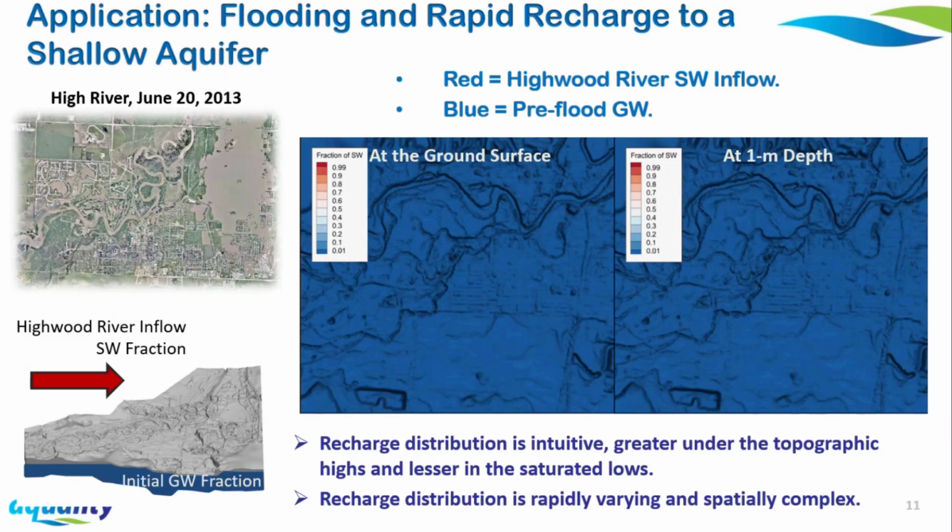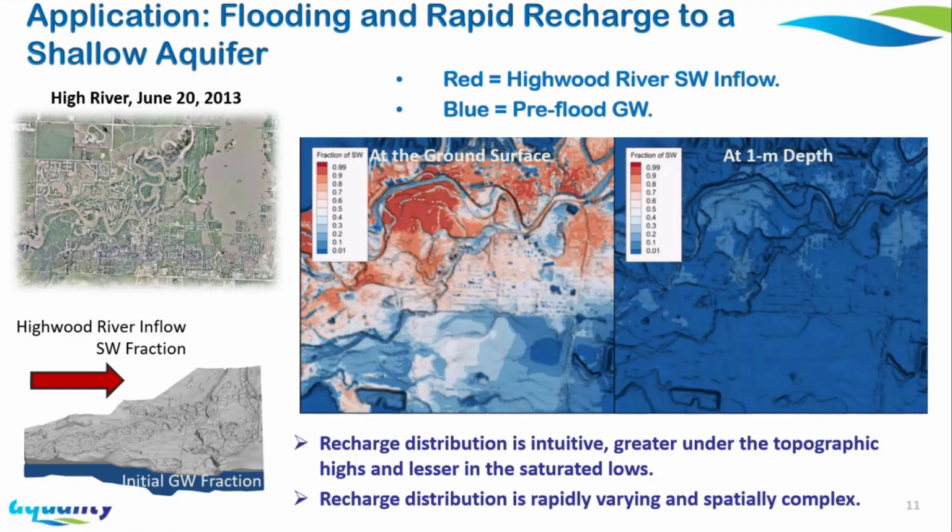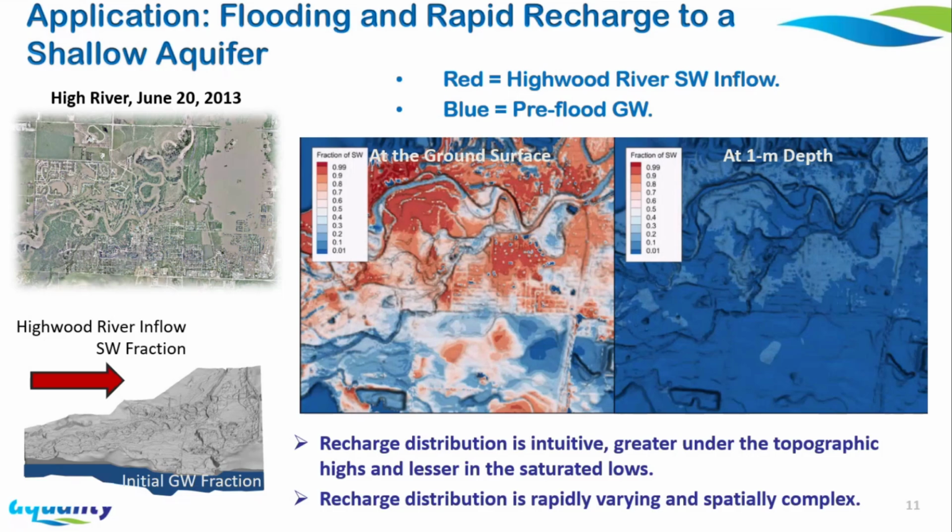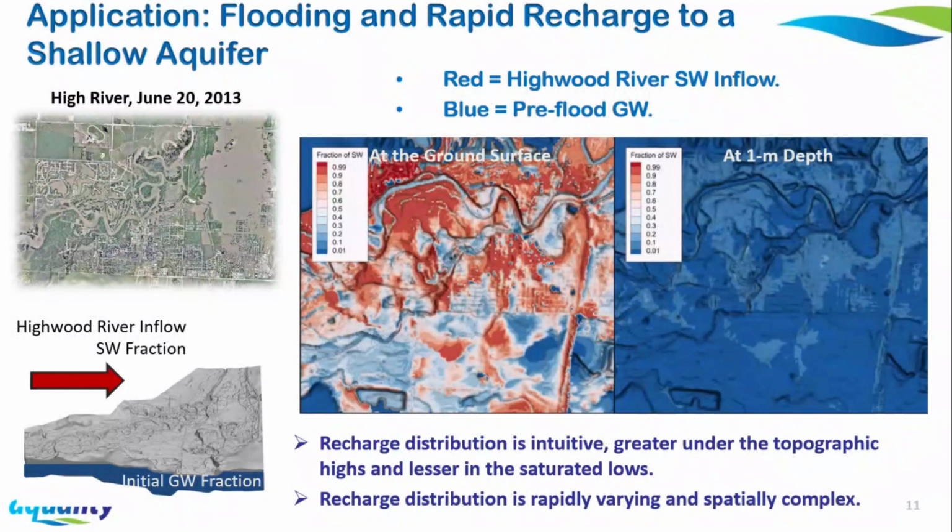Anything that was groundwater is in blue, and anything coming in as recharge from the surface is tagged in red. I'm going to start this animation here, and it spans about 12 hours of flood wave passage at two depths, both in the subsurface. One is the ground surface itself, and the next slice down is at 1 meter depth.